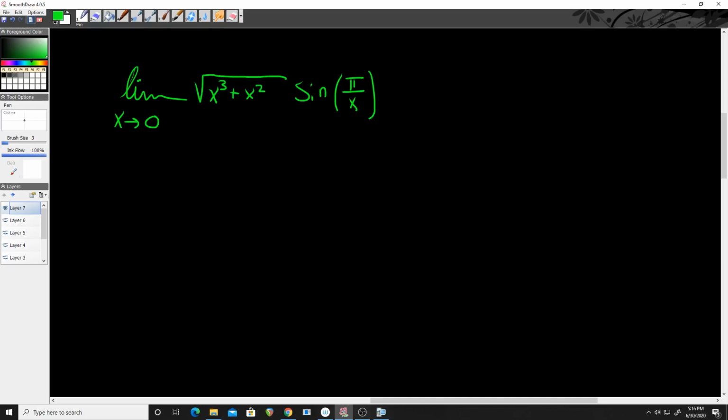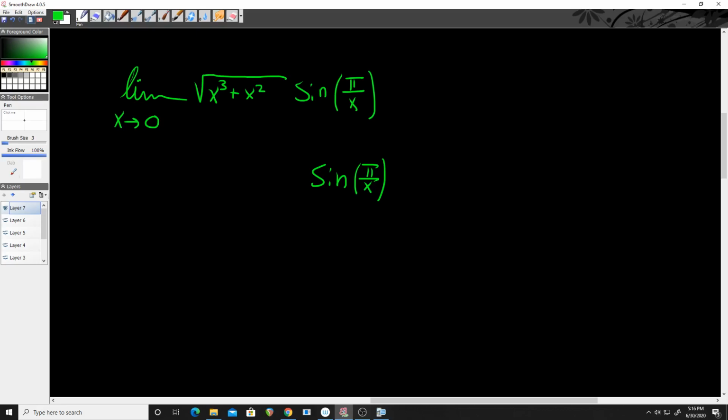So we want to think about, is any part of this bounded in general? Well, let's not make it complicated. The sine part. We know the sine is bounded. Let's use that. Sine of pi over x.